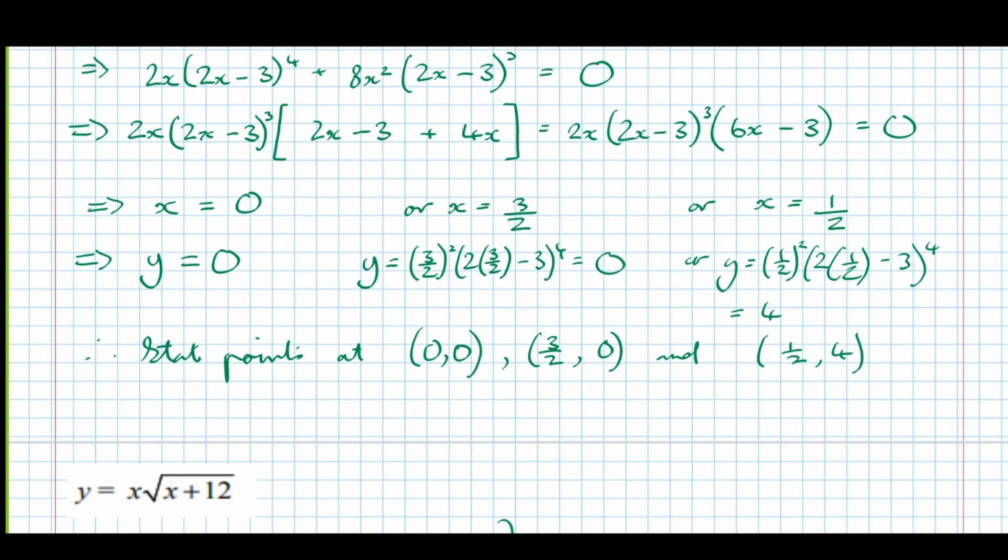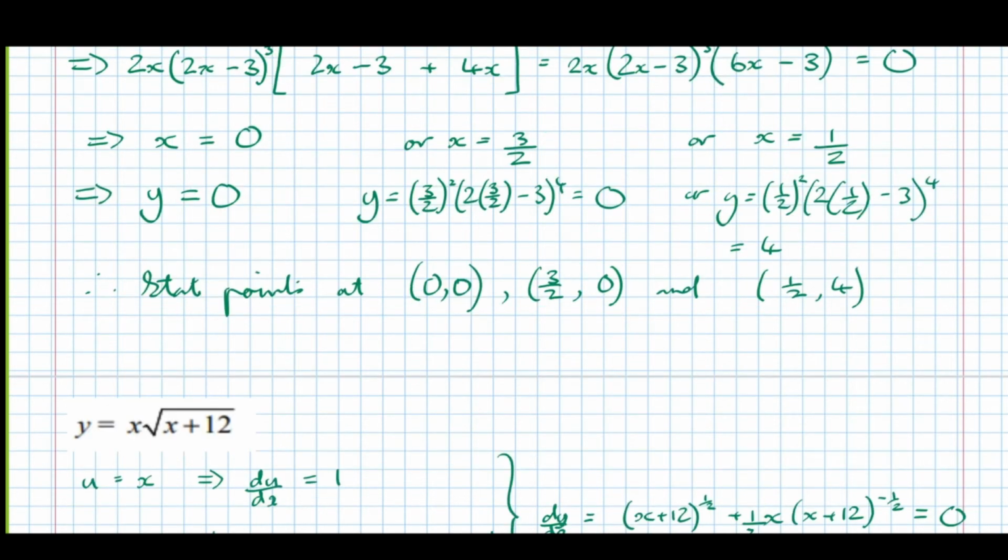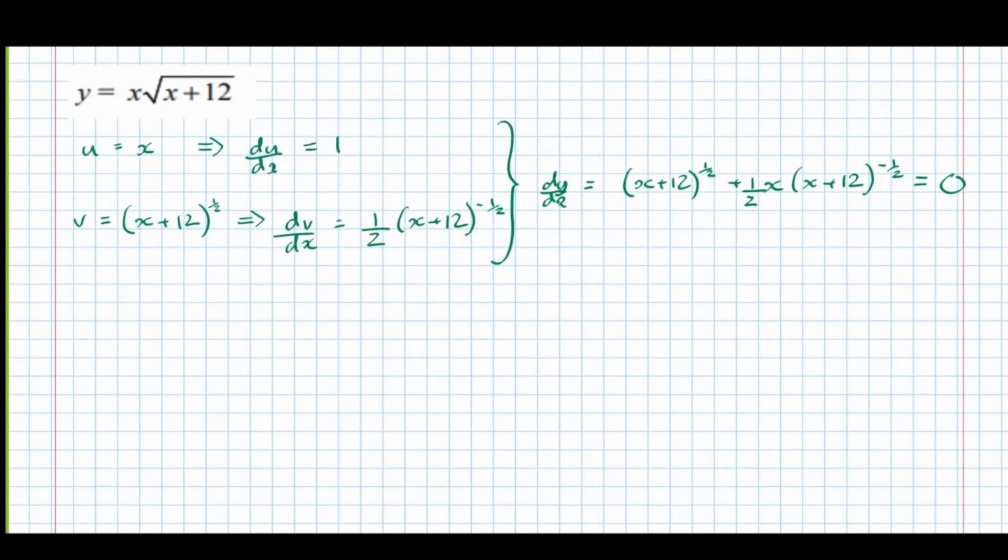You might think I'm stating the obvious here, but it really helps when we come to factorize. So for 2x minus 3, we've got 4 and 3 as the powers. We take the smallest number. The smallest number is the biggest number of brackets they have in common. And that's what we're going to do here.